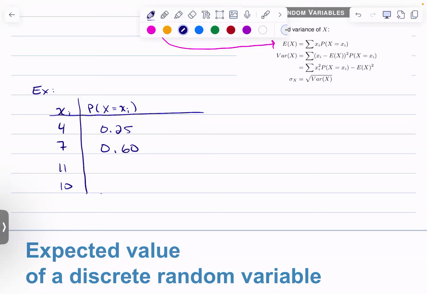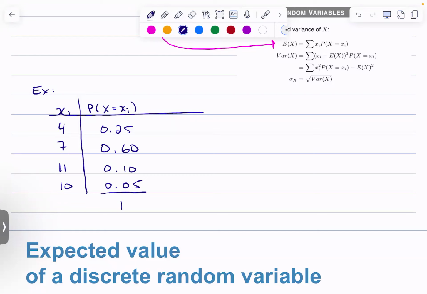And so here they have to add to 1. So remaining, I have 0.6 plus 0.25, which is 0.85. So I have 0.15 to spread out over the rest. So I'll play it nice and safe and do 0.1 and 0.05.